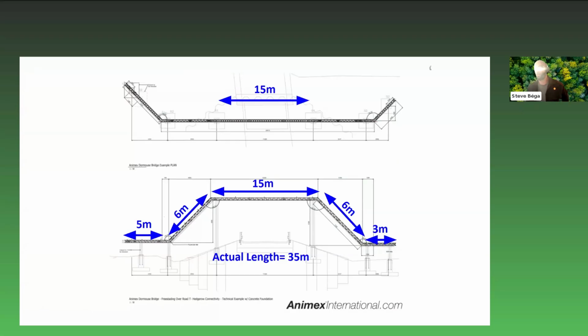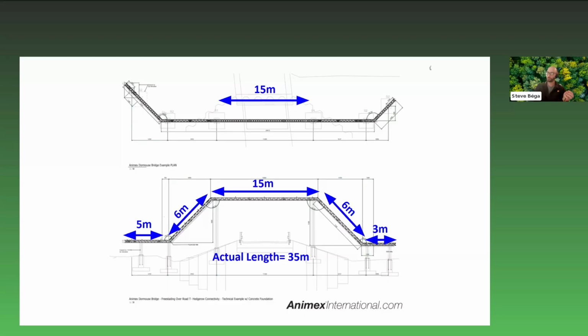Just a quick note on budgetary planning and bridge lengths or distances. Now, I often get asked for bridges of a set distance, but the measurement is often based on a bird's eye or plan view. For example, here from point A to point B, and doesn't actually take into account any changes in elevation or extensions of that structure that will be needed to go a reasonable distance into appropriate habitat and vegetation.